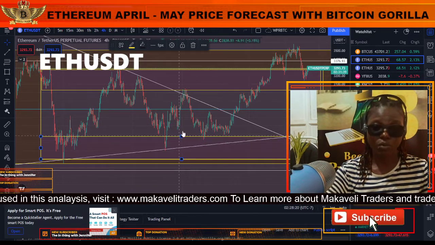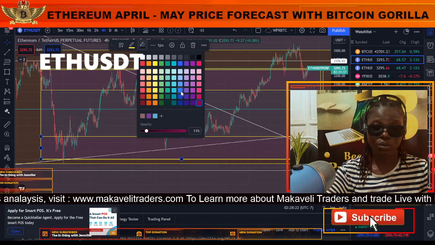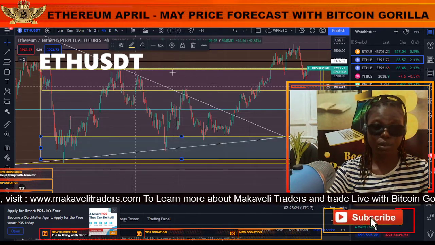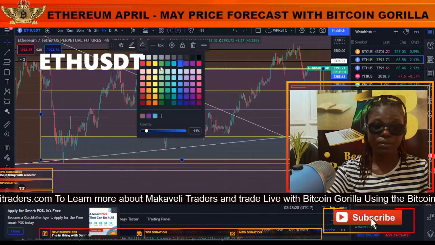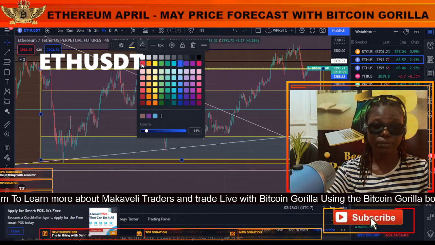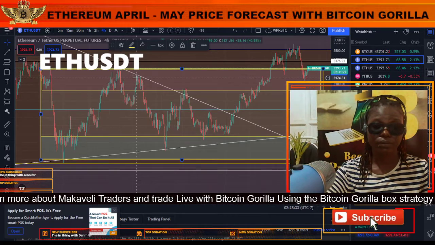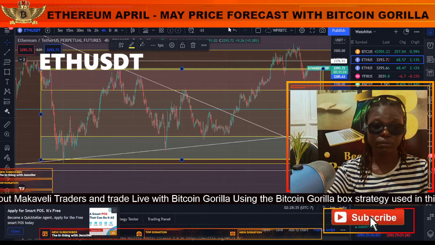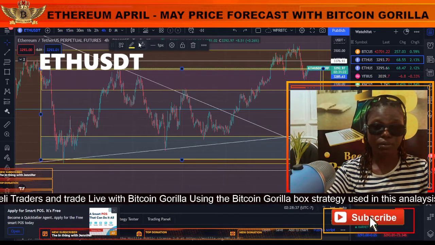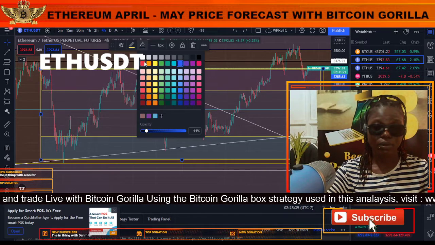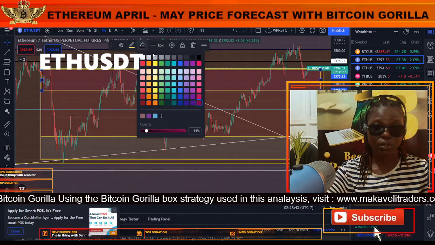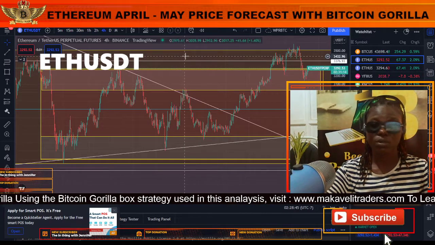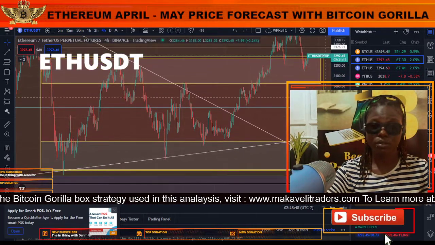Okay, I think that would be better. Let's use what color this time around. Alright. I like that color. I want a color that will help us make sense of all of this. So let's use white for this. So you're seeing that. So let me zoom in.